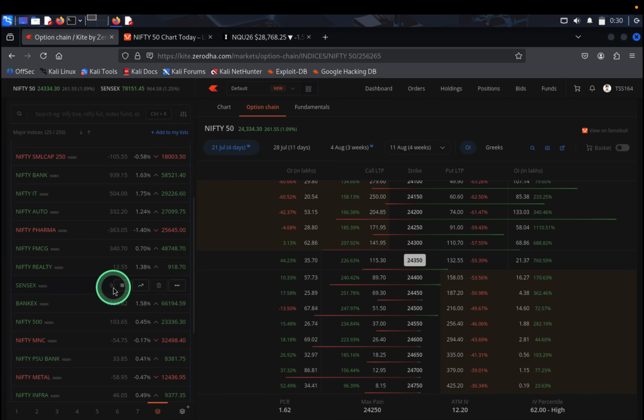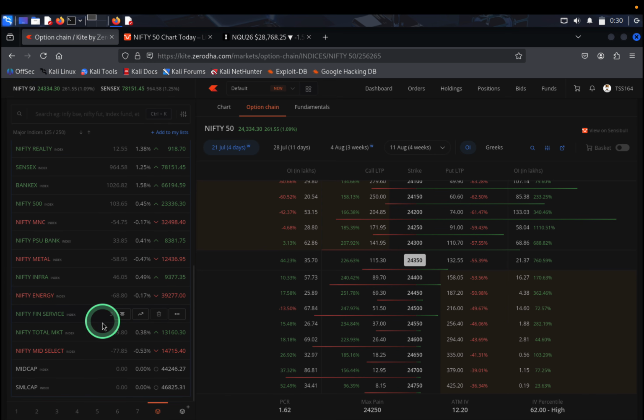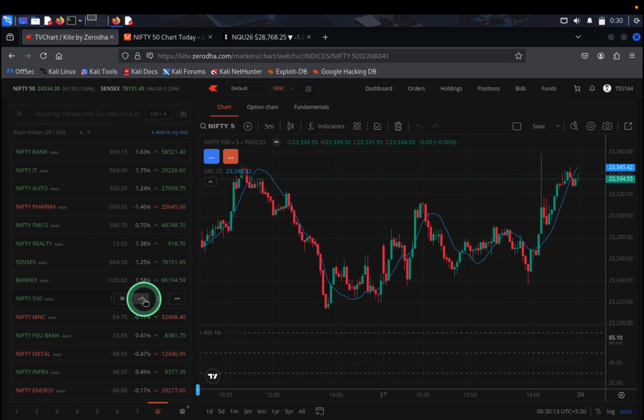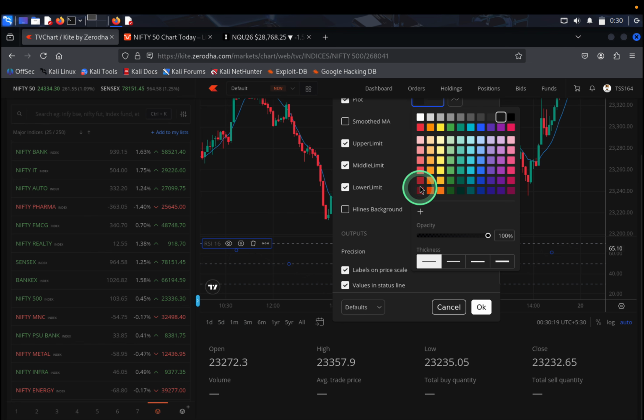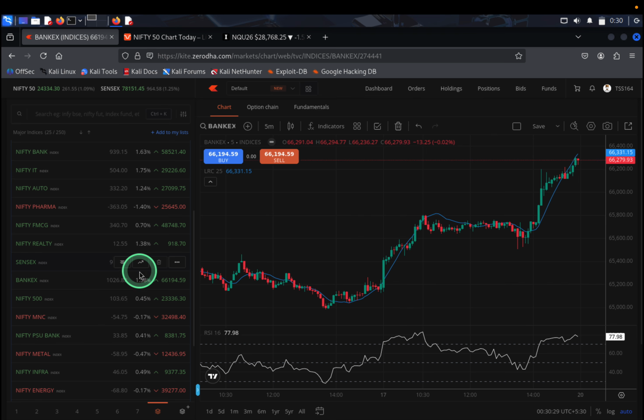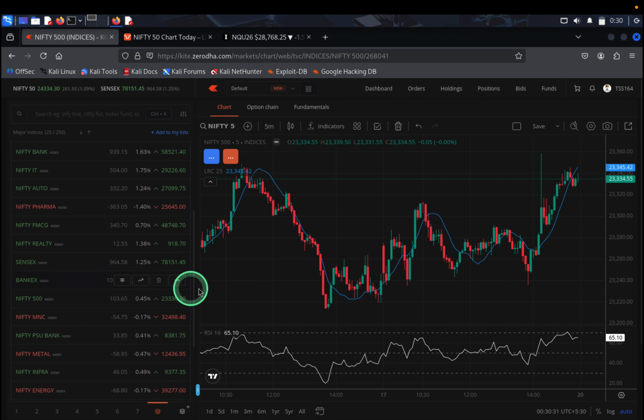The other 2 points are being judged by sectoral rotation. So we first start with Nifty 500 and have a look at Nifty 500's price action.